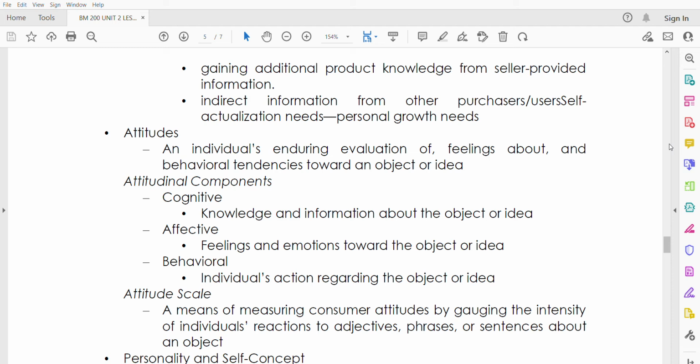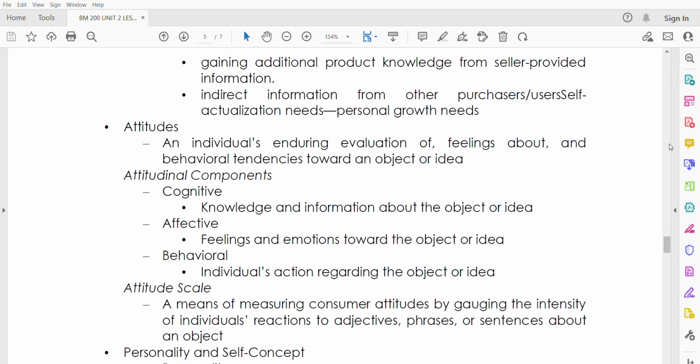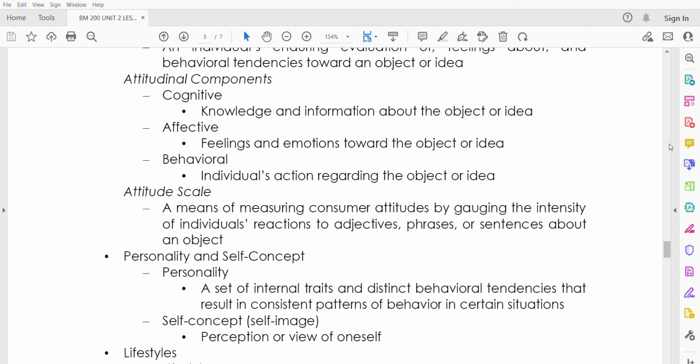Attitude scale. This is a means of measuring consumer attitudes by gauging the intensity of individuals' reactions to adjectives, phrases, or sentences about an object. So this is where when advertising for a certain product, we use adjectives, convincing phrases, sentences that would give enough information to our consumers, or give them enough idea on what our product is all about, what we are selling.